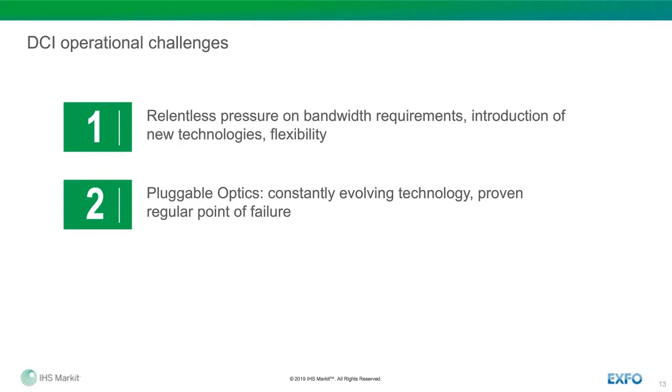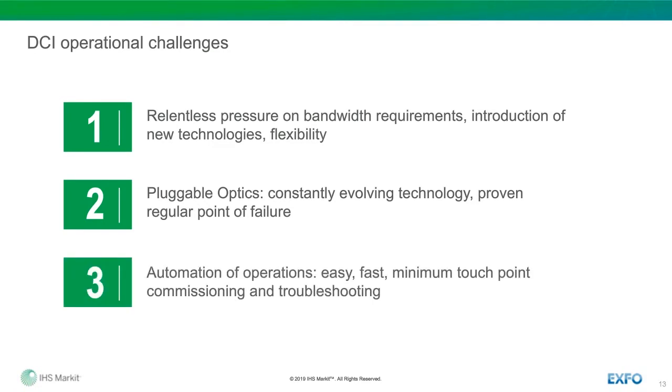So with that comes the challenge of having to support all these different form factors and also managing technology that's not always mature. Pluggable optics are a proven point of failure in the network, especially when that technology is not mature.